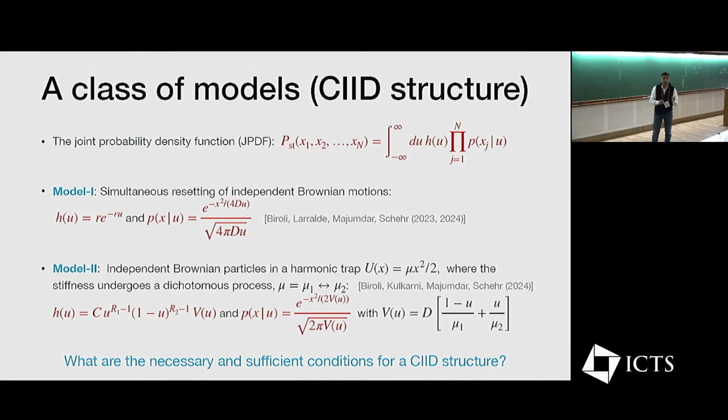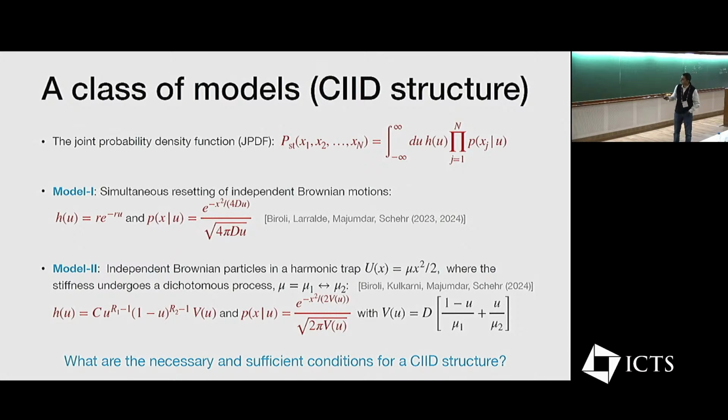This simultaneous resetting process creates strong correlations among these particles, and that results in this particular CIID structure, where H of u and P of x are given by these forms. This is work done by Satya and Gregory and their collaborators.